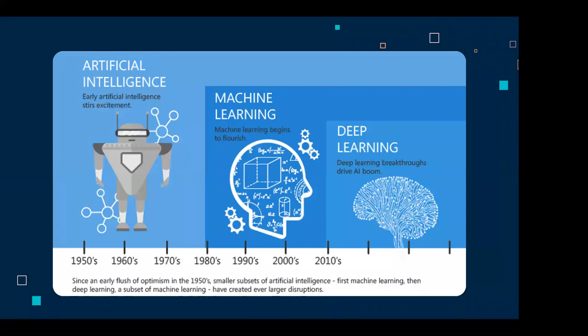This machine learning actually comes under artificial intelligence. Artificial intelligence is like an umbrella term with subfields. AI is, as I said, a very vast field. You cannot cover artificial intelligence in a session like this.